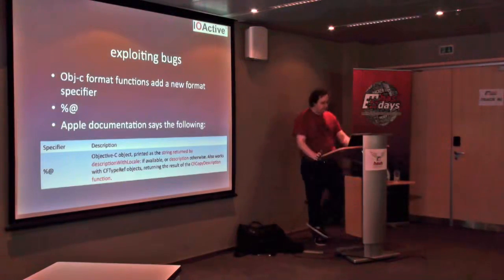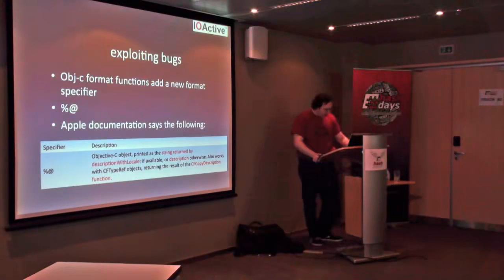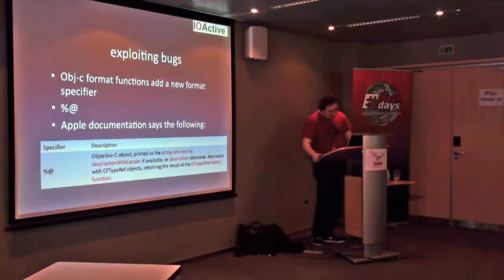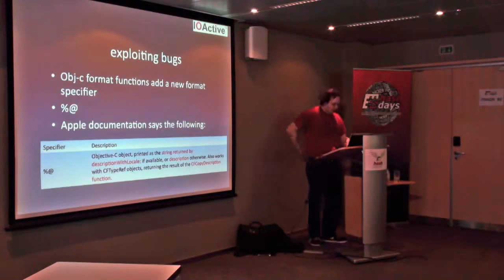So I started looking at the Objective-C documentation, and they don't have %n, but they did add a new format specifier called %@. The description says: Objective-C object printed as string returned by descriptionWithLocale if available, or description method otherwise. Also works with CF type objects, returning the result of the CFCopyDescription function.